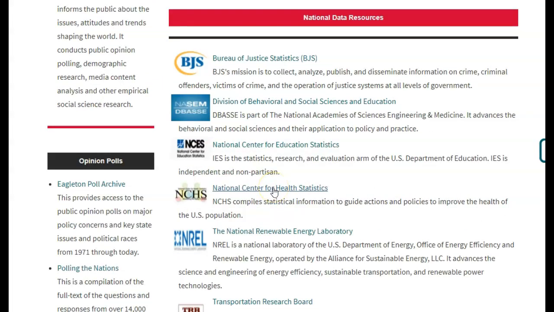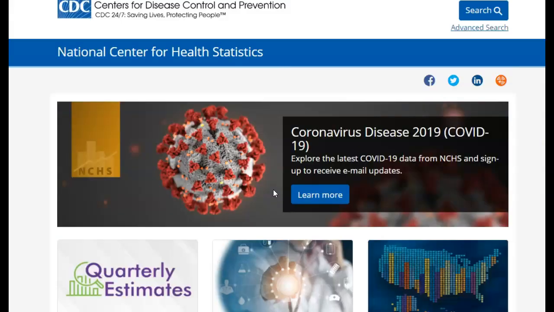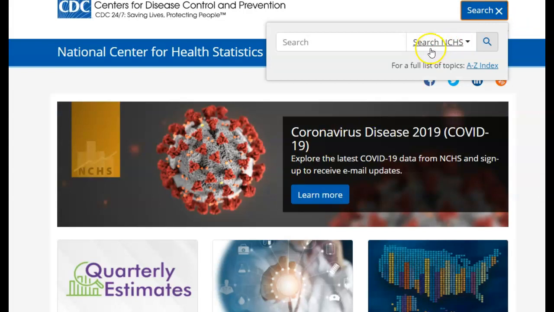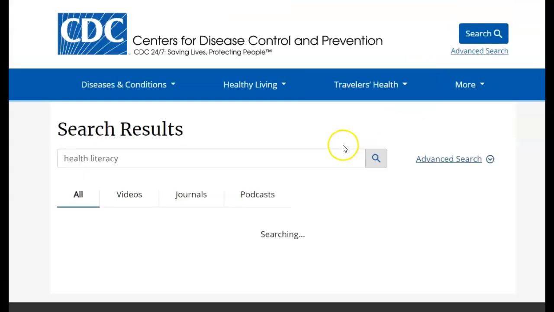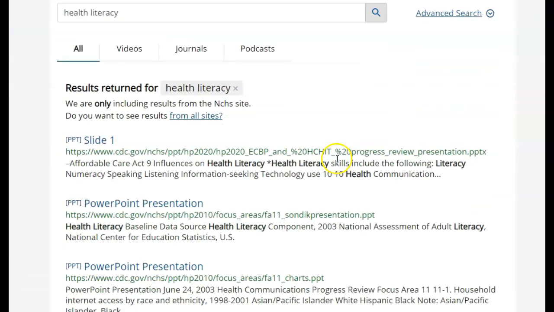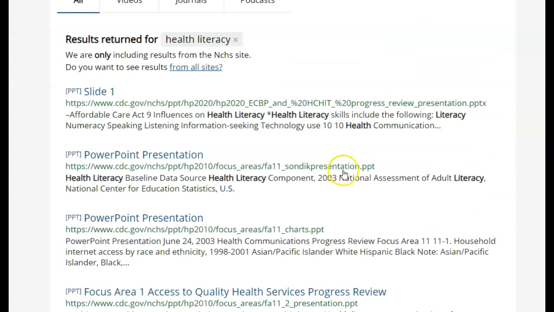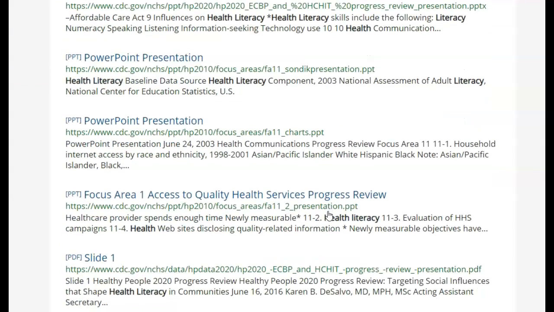I could, for instance, go to the National Center for Health Statistics and do a search there, or the CDC as a whole, and then see if there's anything here that might be useful for me in making a case for the importance of health literacy as a topic.